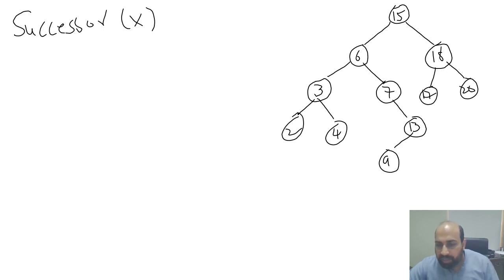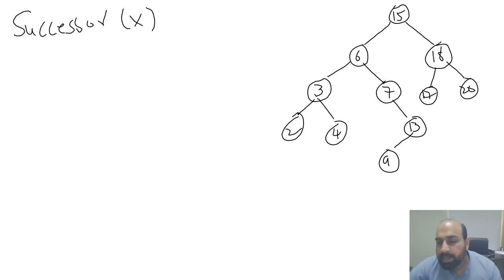No. If the right subtree of the node is not present, now we have to check. Now there are two cases. If the right subtree of the node is not present and that node is the left child of its parent, I repeat, then its parent is its successor.